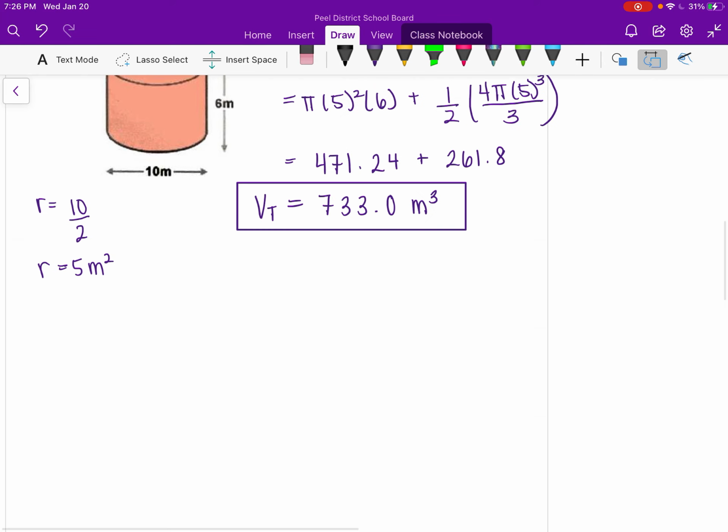The surface area is going to equal the surface area of the cylinder plus half the surface area of the sphere.